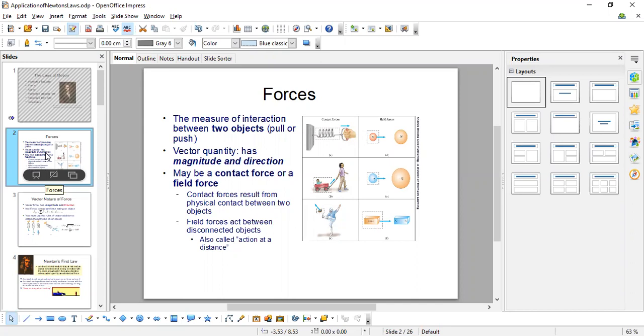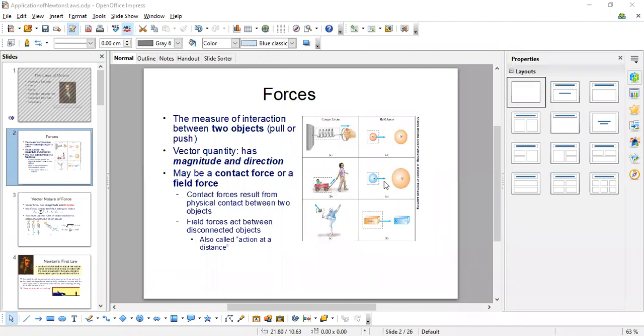Okay, so ano ba yung examples dito yan? So gravity is an example of action at a distance forces. You have spring, this is contact forces. Tension is a contact force.